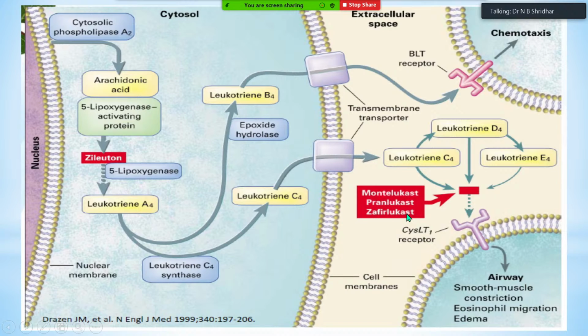And here you can see that Montelukast, Zafirlukast and Pranlukast, all these drugs are inhibiting the leukotriene from binding with the cysteinyl LT1 receptor, and ultimately the action is stopped.